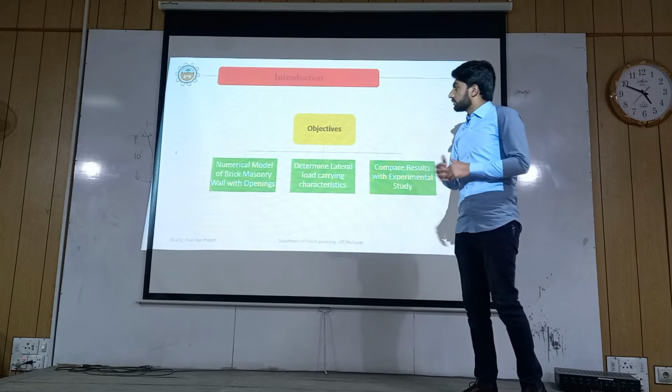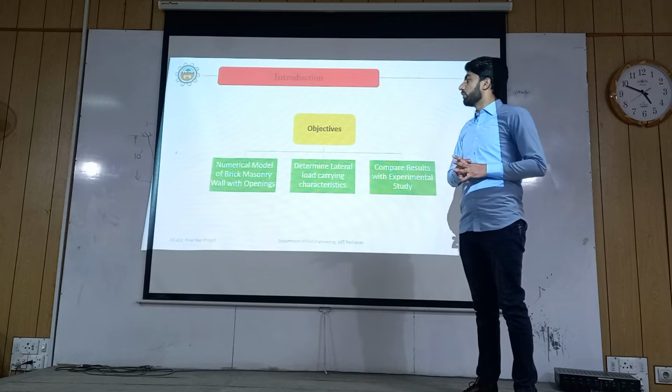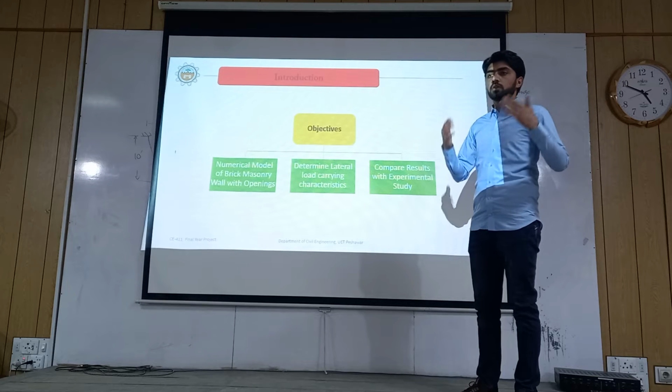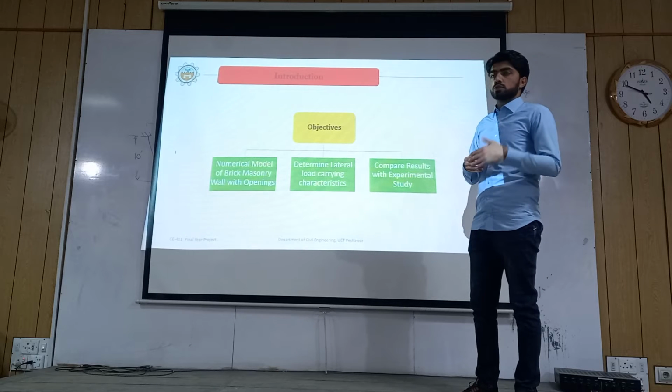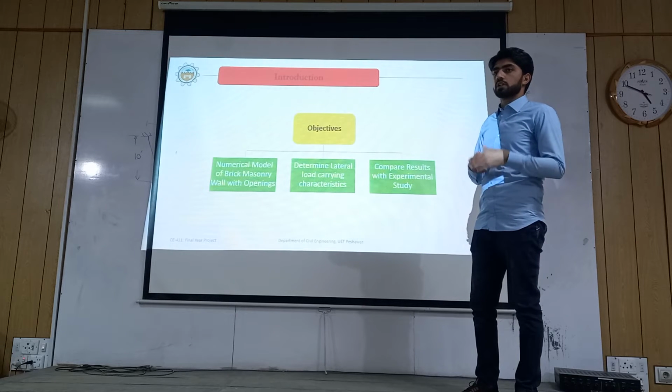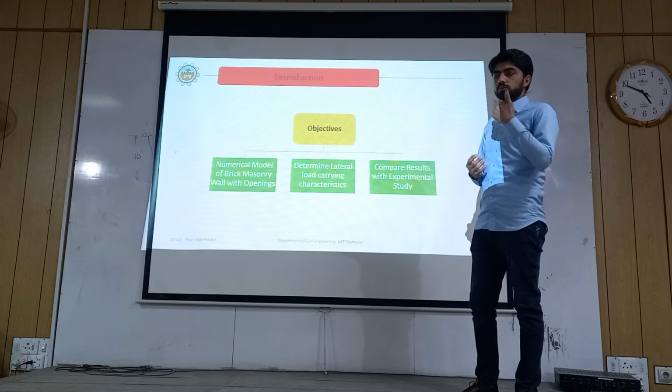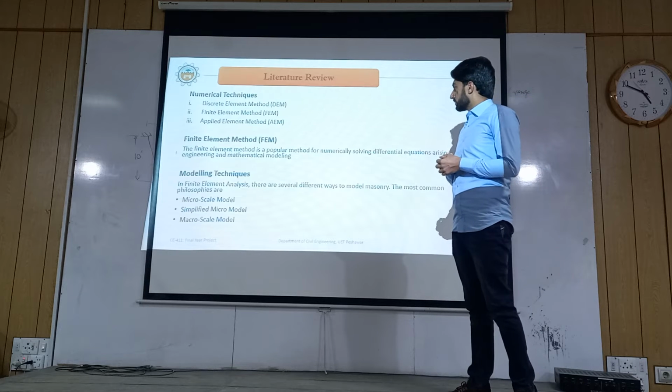The objective is a numerical model of brick masonry with wall openings. We will model different walls with different openings, and study the results of how openings affect the lateral load capacity.